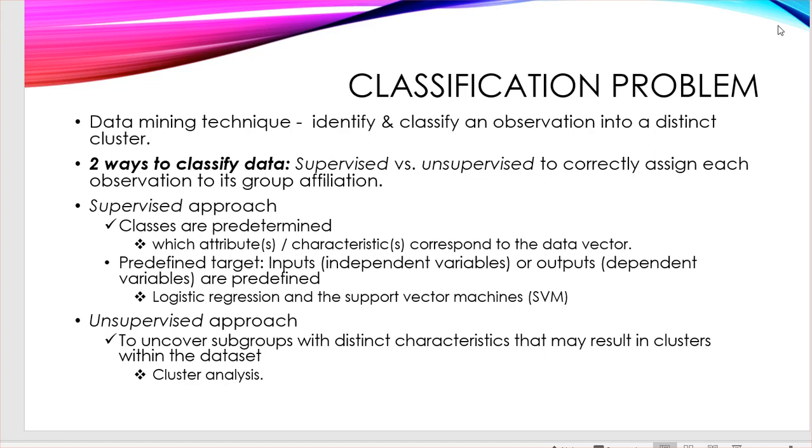Because of that, any variance of cluster analysis, it can be hierarchical clustering or k-means clustering or other types of cluster analysis, or the two-step cluster analysis in SPSS, which is a combination of both k-means and hierarchical clustering, they all fall under the unsupervised method of classifying data.